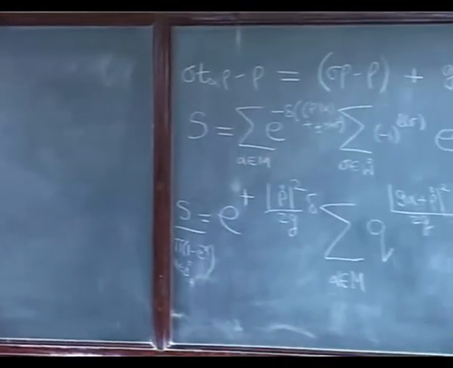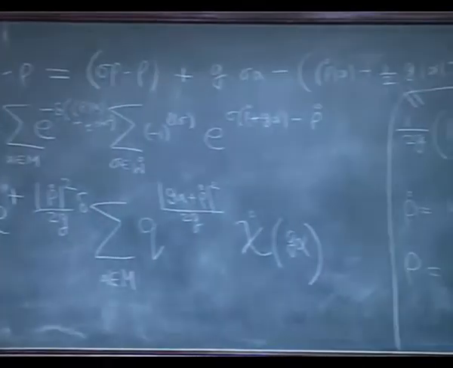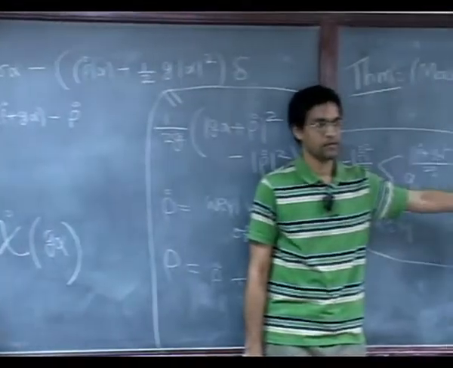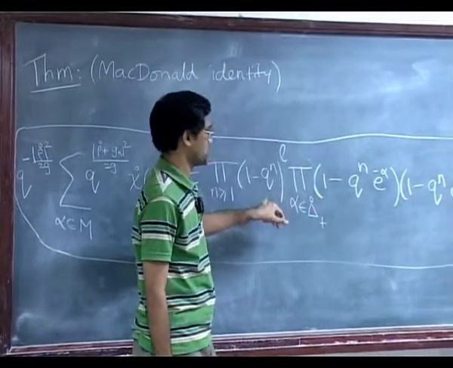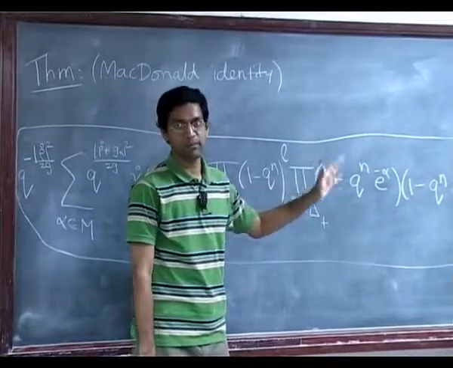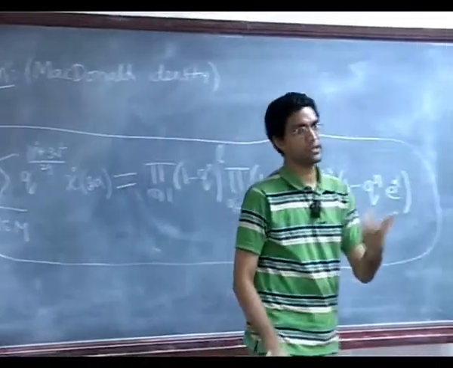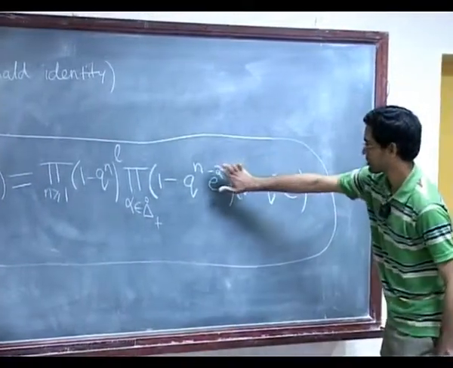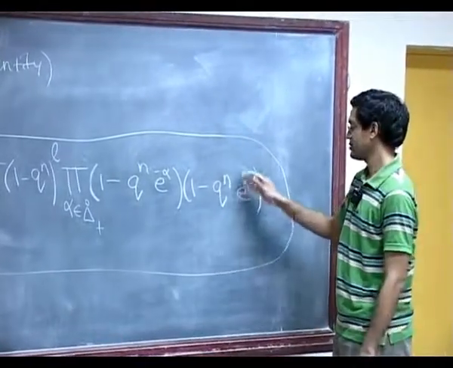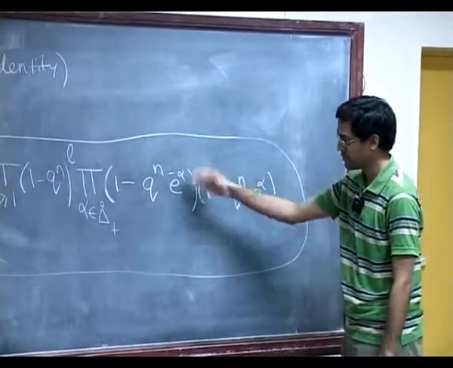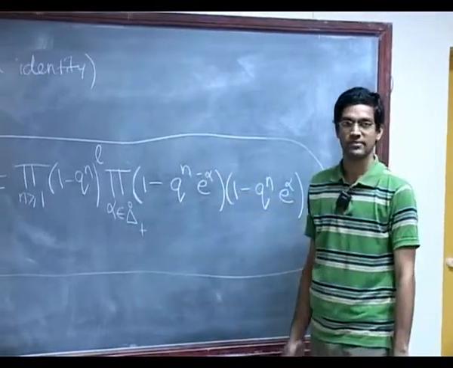Now what exactly does that mean? At least I'm starting from my right hand side, and I can see that to get an eta function, remember it was just the product of 1 minus q to the n raised to some power. So to do that I need to get rid of this term and this term. So I'm saying put these as 1, and then of course I will get an eta function identity.